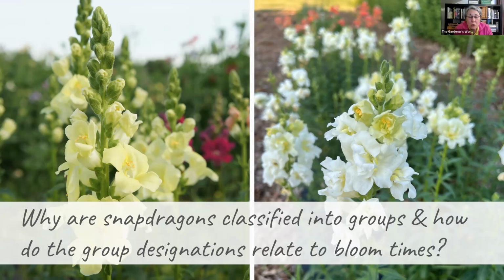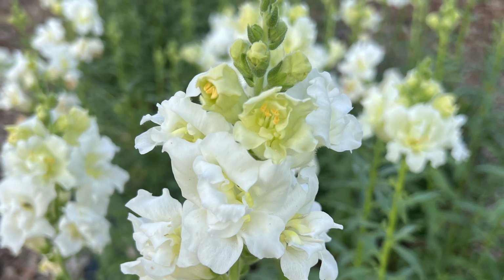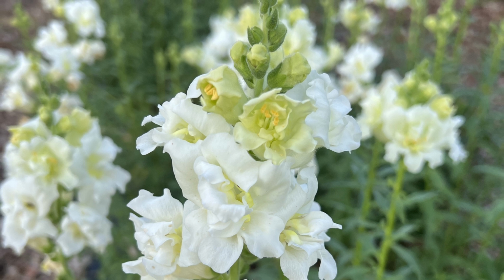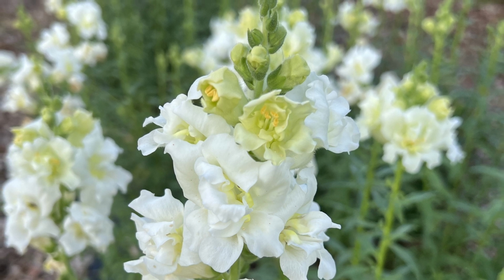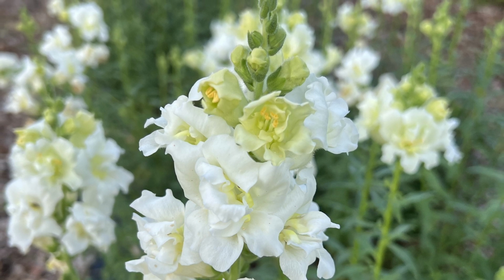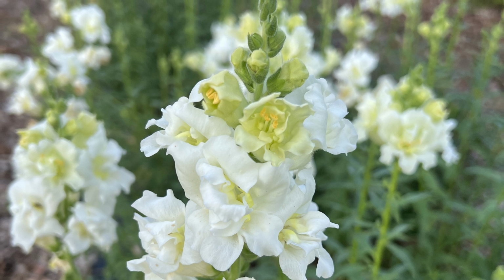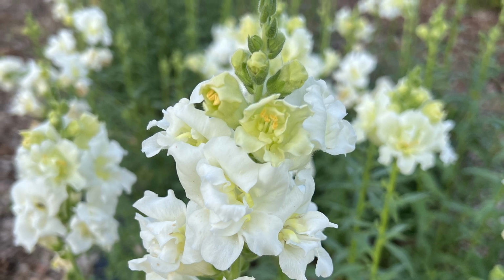So snapdragons are broken into groups to indicate when they're going to bloom, and that time is dictated by the day length as well as conditions, right? And I think it was all created so that commercial growers that produce year round could have some that produce really well in all conditions of the year, right? But we can make the best of that.